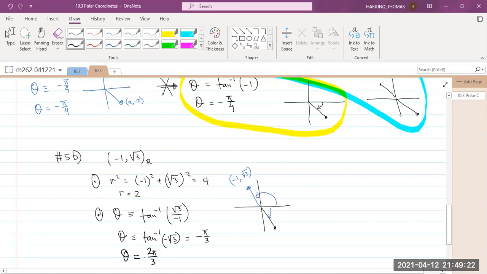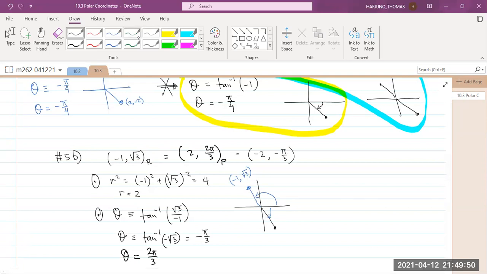You add 180 degrees. So this is equal to 2, 2 pi over 3, if you insist that the radius and theta have to be positive numbers. But you can also make it negative 2, negative pi over 3.